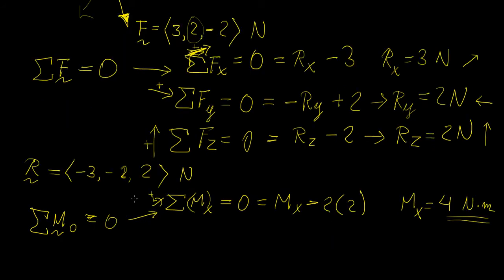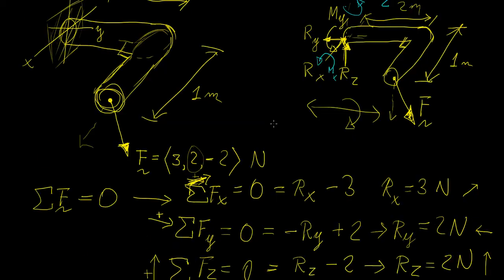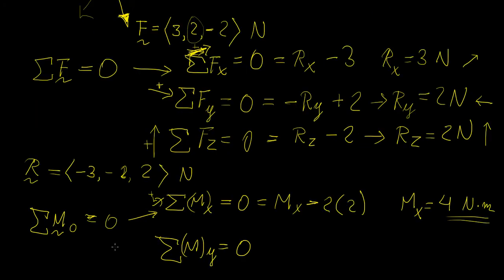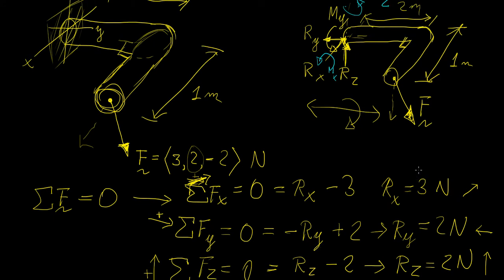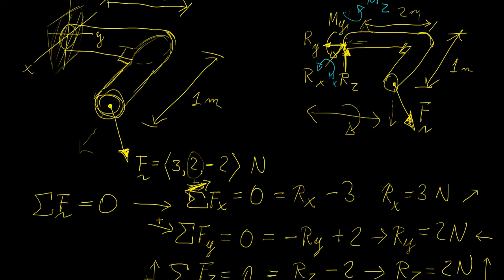Now for the next one, we're going to have the sum of the moments in the y direction must be equal to 0. And then what we're going to do is we're going to grab this. So let's assume that this direction is positive. So now we have this direction as positive. And we're going to have my. And let's see which of these force components is actually causing a moment about the y-axis.